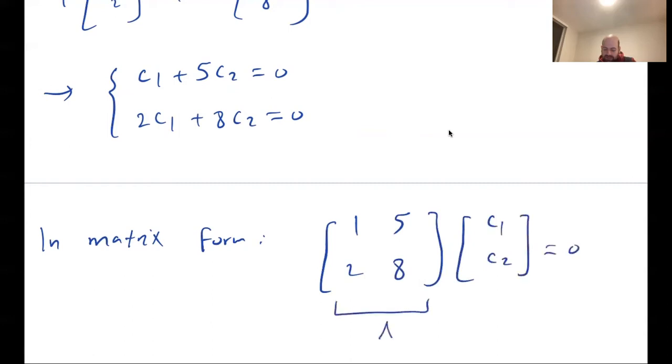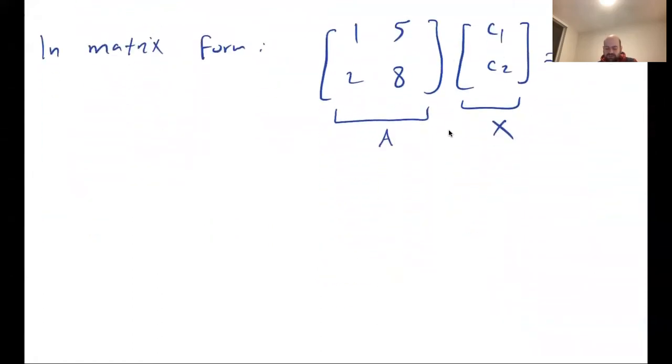Again, I have AX equals 0. We just mentioned a few minutes ago that if you have a homogeneous linear system in the form AX equals 0, that system has only the trivial solution X equals 0 if and only if A is invertible, which happens if and only if determinant A is non-zero.